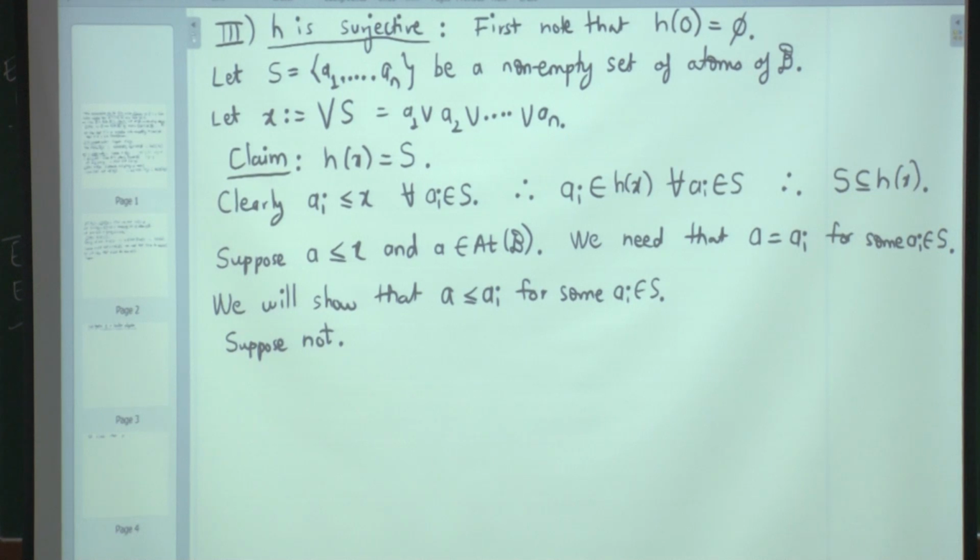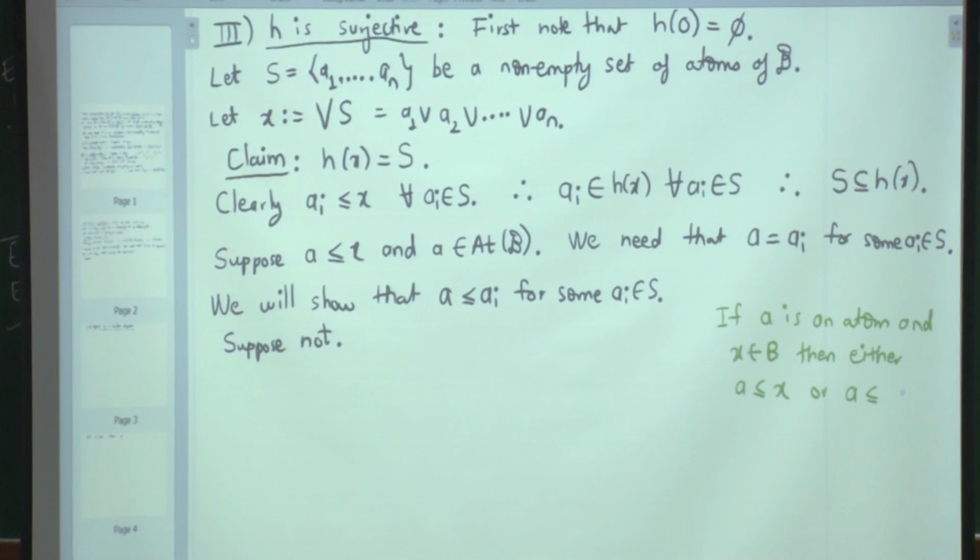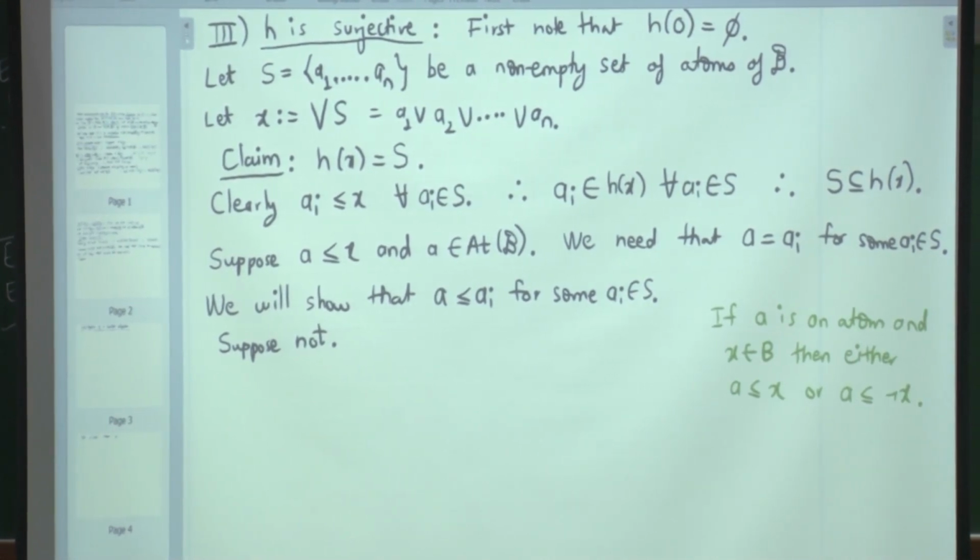I am writing a result in green again. If A is an atom and X is any element, then either A is less equal X or A is less equal the complement of X, A is less equal negation of X.